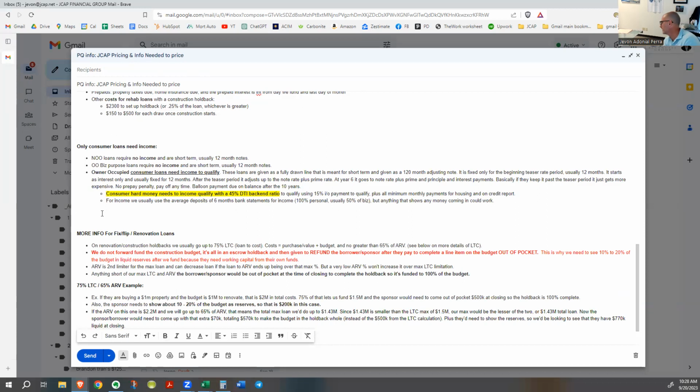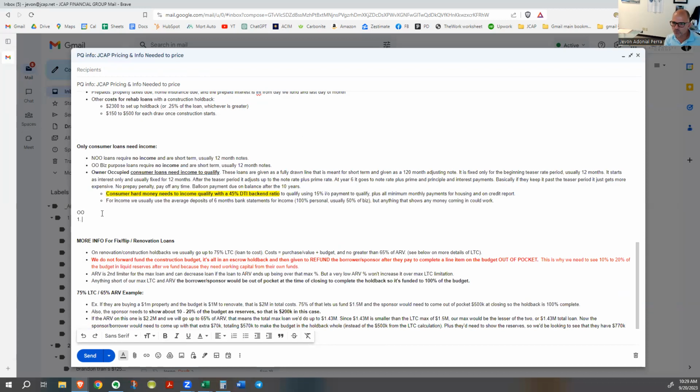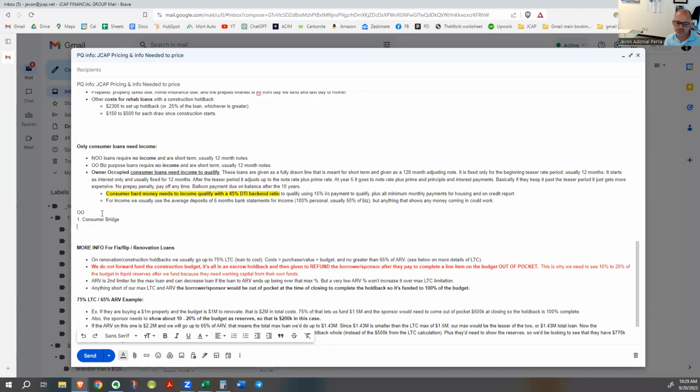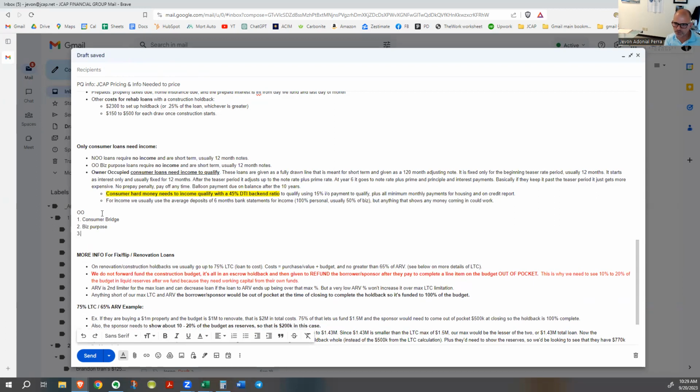And this is in your hard money template, by the way. We'll go over that. For owner-occupied, one is a consumer bridge, two is business purpose, and the third one is consumer purpose.